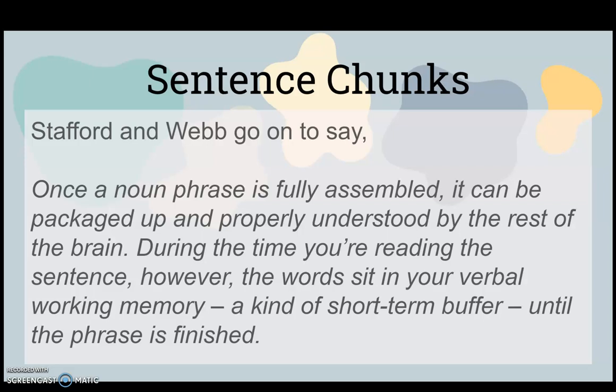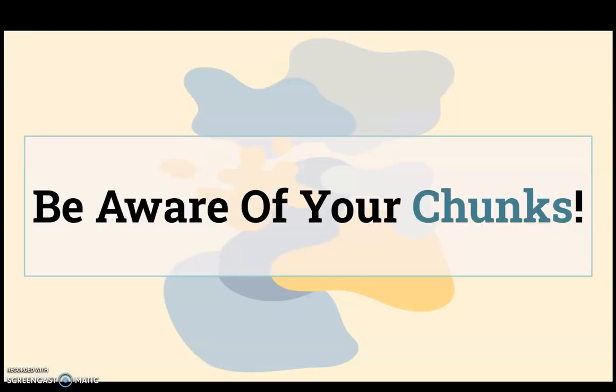During the time you're reading the sentence, however, the words sit in your verbal working memory, kind of a short-term buffer, until the phrase is finished. So basically, what they're saying is that our brains are accustomed to working with sentence chunks in order to understand meaning. So really, our first step in grammar is to start being aware of how language is chunked up.